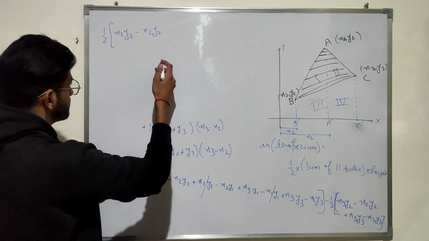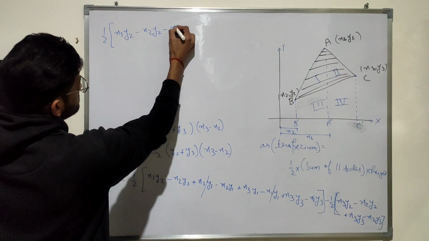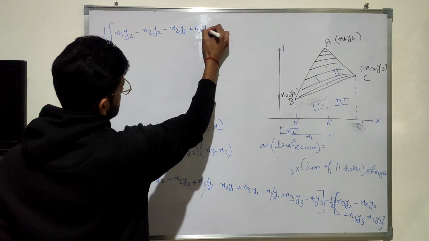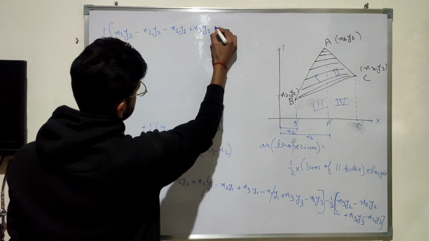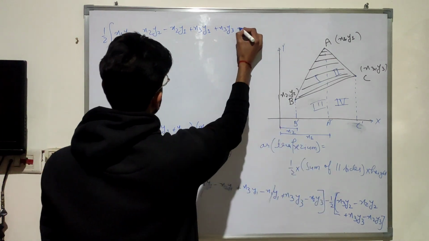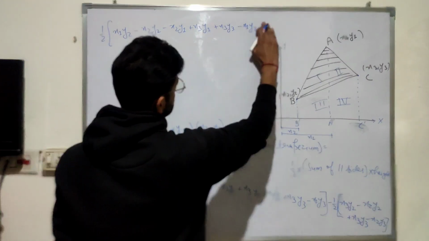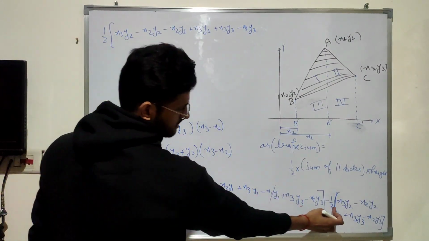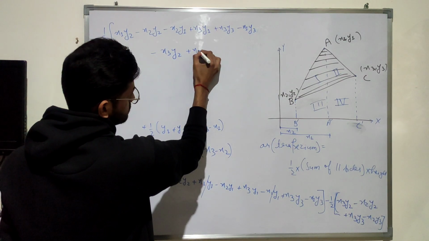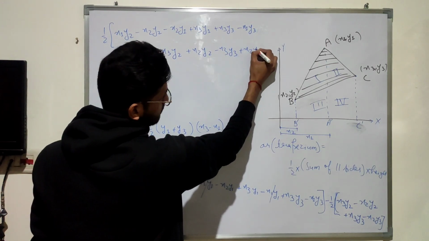Let's write the rest of the portions: x1y2 minus x2y2 minus x2y1 plus x3y1 plus x3y3 minus x1y3, minus x3y2, plus x2y2, minus x3y3, plus x2y3.